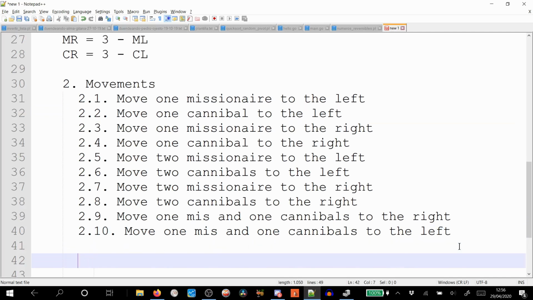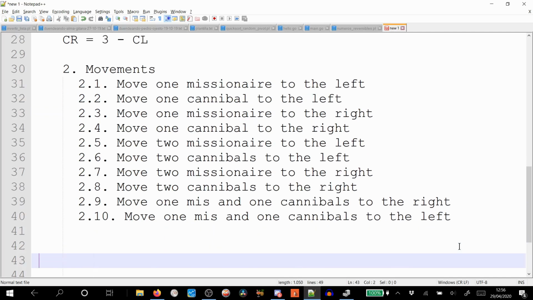How can we create this movement, like move 1 missionaire to the left? A state before, a state after. What will be the state before?